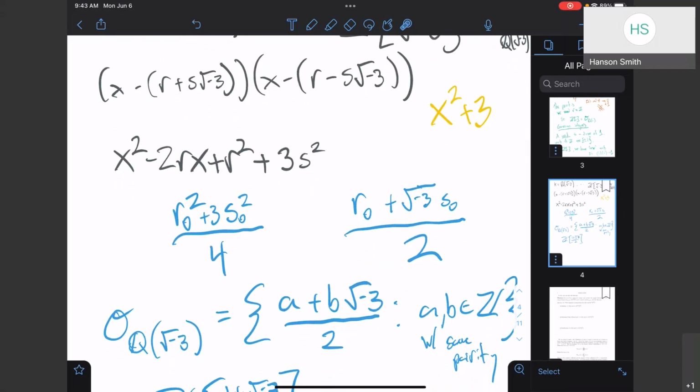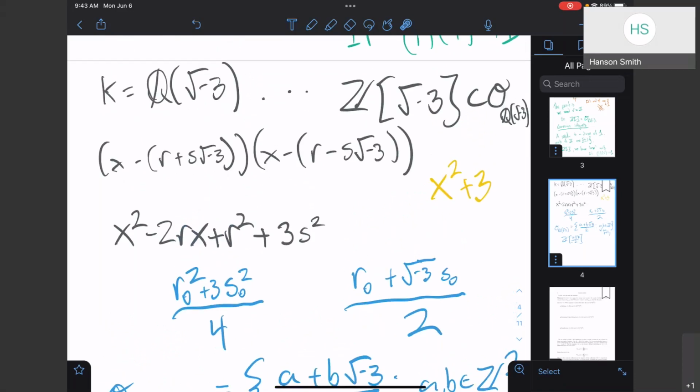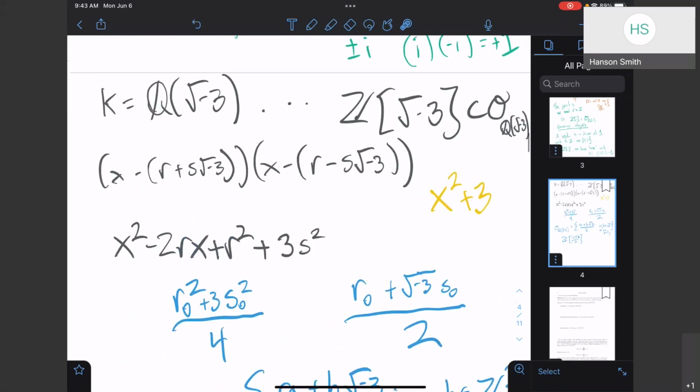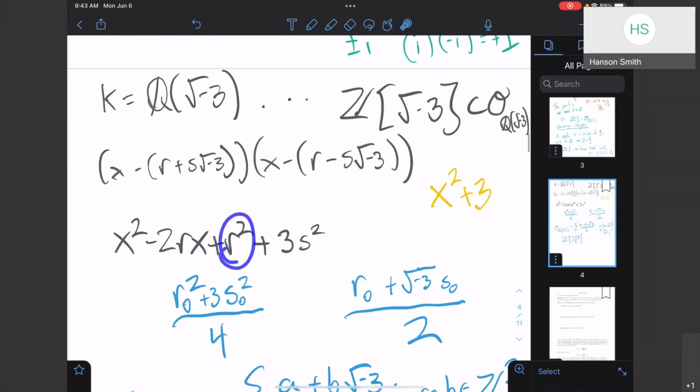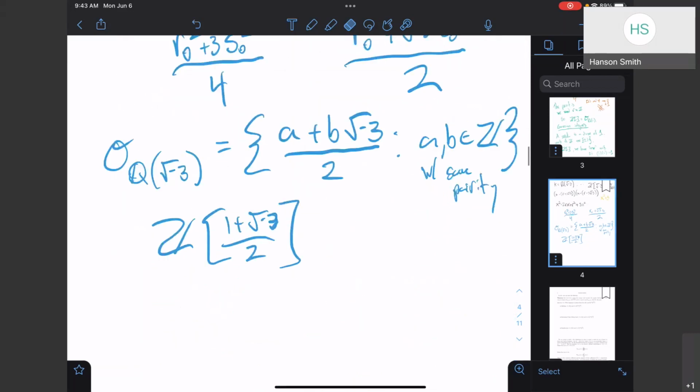That won't have a nice monic integer polynomial as a minimal polynomial, because then this would just be 1/4. This would be some integer, and that polynomial would not be in the integers, it would be in the rationals. To make it in the integers, I need to clear that denominator, and then it wouldn't be monic anymore. So yeah, A and B with the same parity. Excellent point, thanks for that.